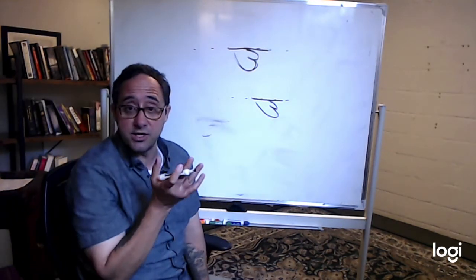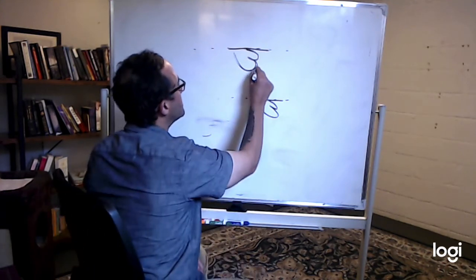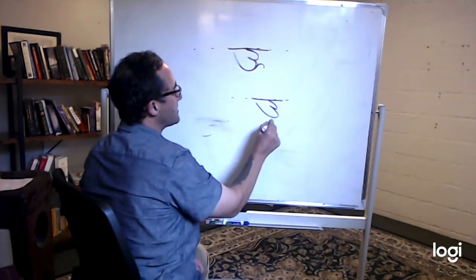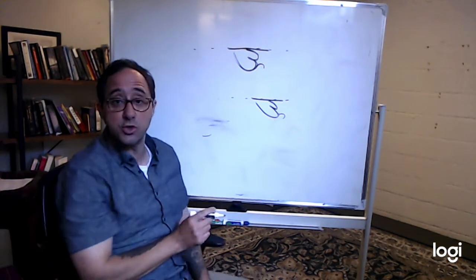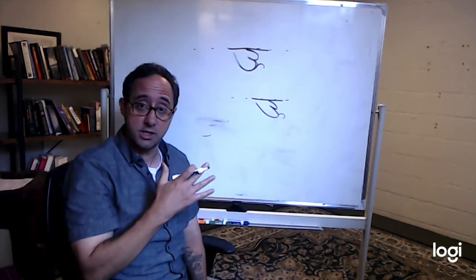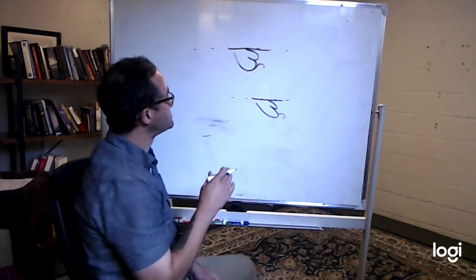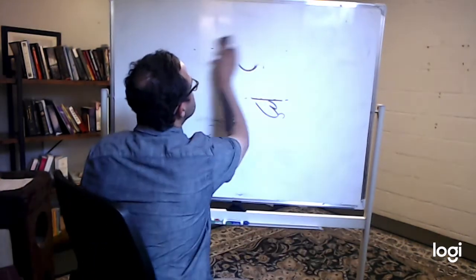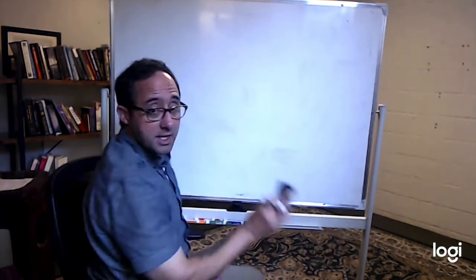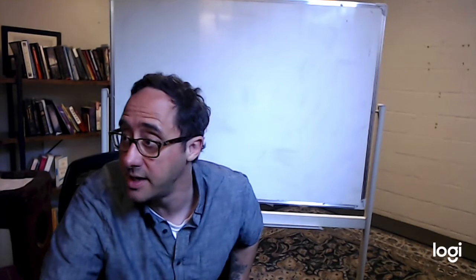What do I do to make it an oo? Put this little mark, this little curve. That makes it an oo. So it goes from ooh to oo. Try one more time. Let me look at it to make sure, for some reason I start doubting myself.